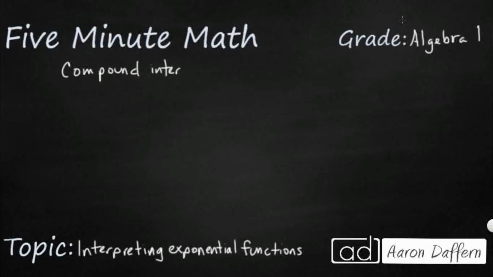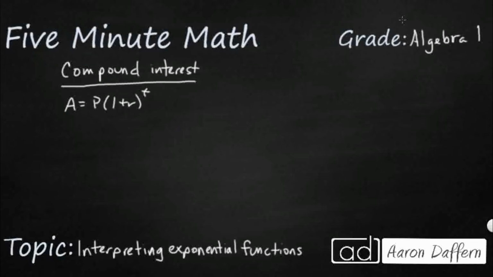In the 7th and 8th grade curriculum, specifically on the STAR test, you would see this particular formula at the very bottom. It says A equals P times 1 plus R to the T power.